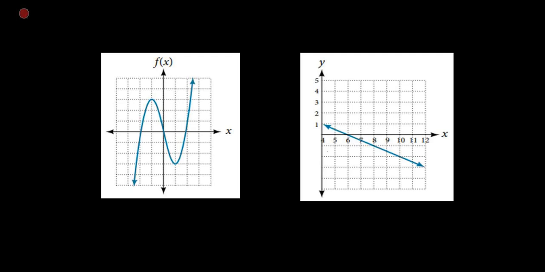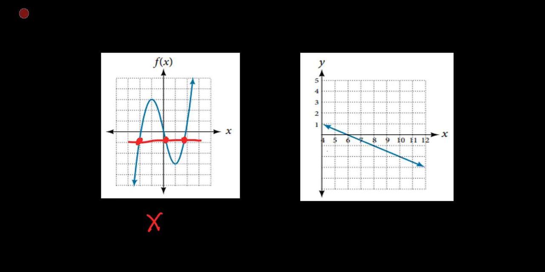Now let's see. The horizontal line is drawn and it cut through this graph at this point, and also at this point, at three different points. That means this graph or function is not a one-to-one function.